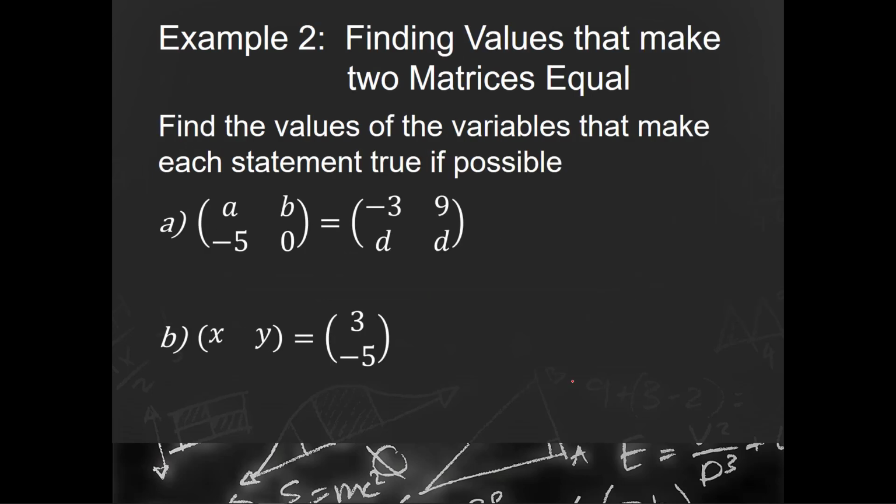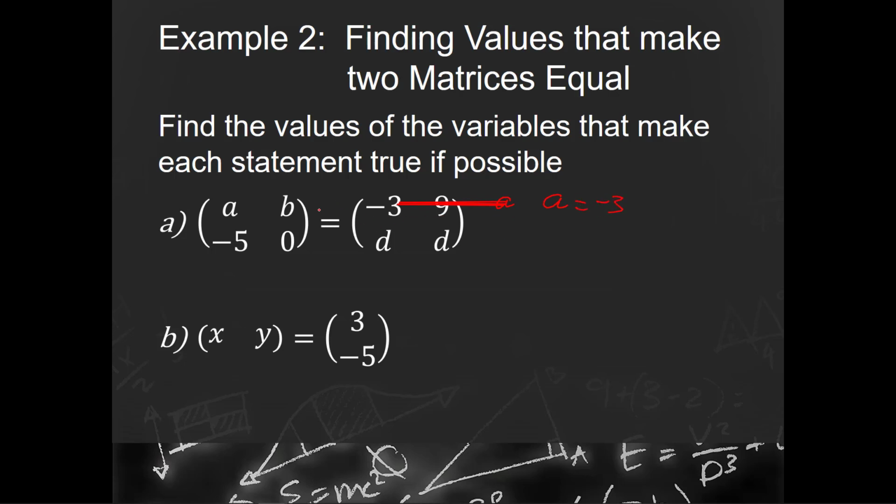Another set of problems that you will find in your homework is something like this. Here we want to find the values that make the two matrices equal. So for part A, remember, for two matrices to be equal, they have to have the exact same dimension, and then they also have to have the exact same elements. So here, since this one is a -3, we would want A to be -3.